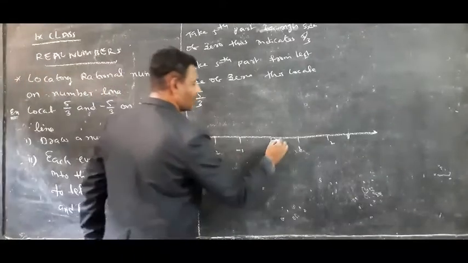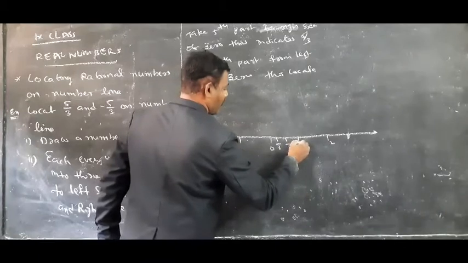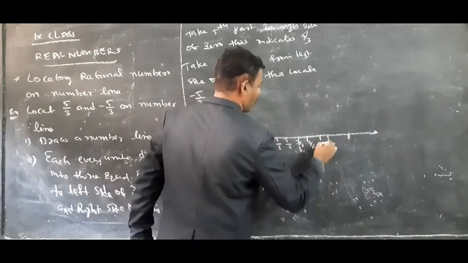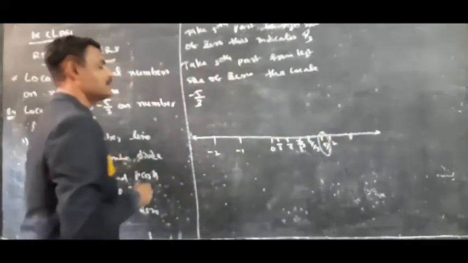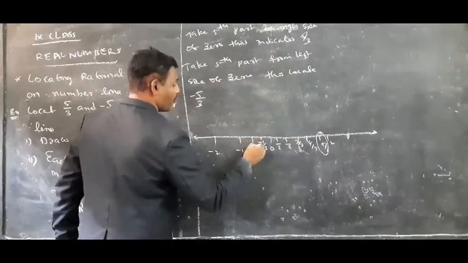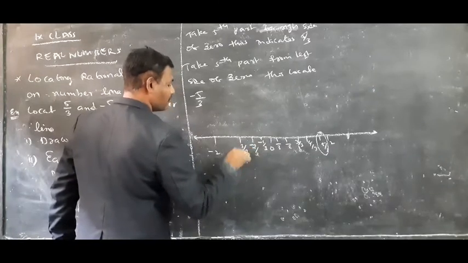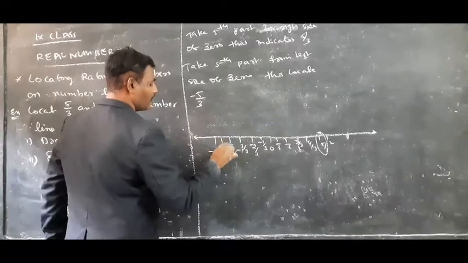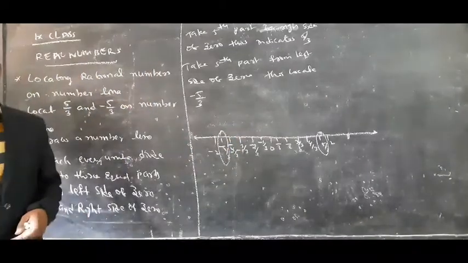It means 1 by 3, 2 by 3, 3 by 3, 4 by 3 and 5 by 3. So this is our location. Similarly on the left side, minus 1 by 3, minus 2 by 3, minus 3 by 3 which is nothing but minus 1, then minus 4 by 3, then minus 5 by 3. So this is the location of minus 5 by 3.